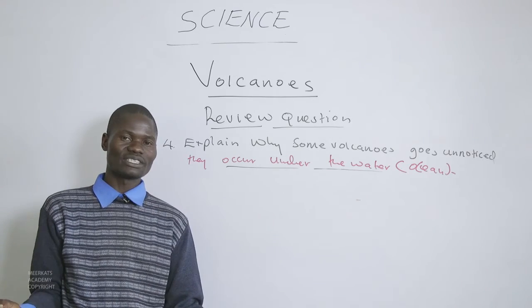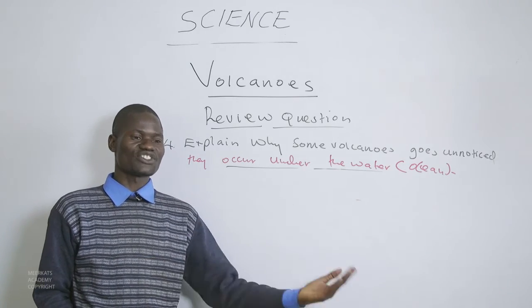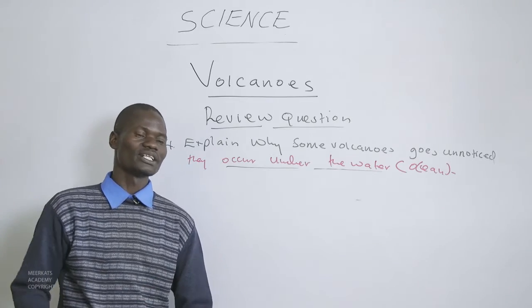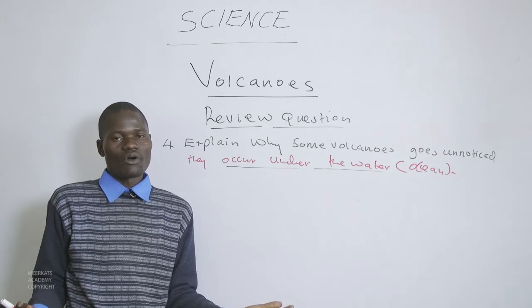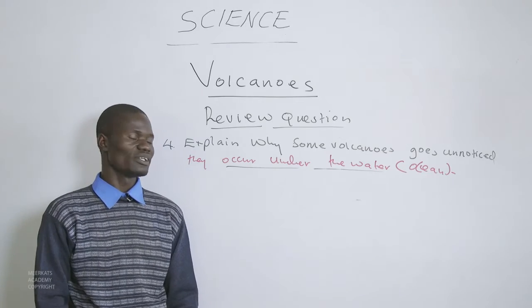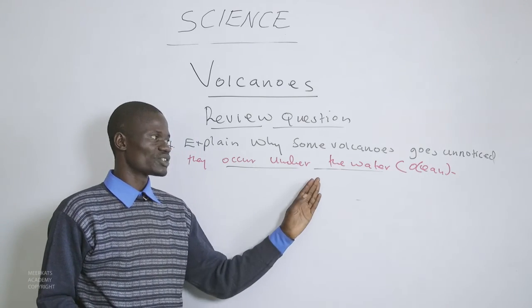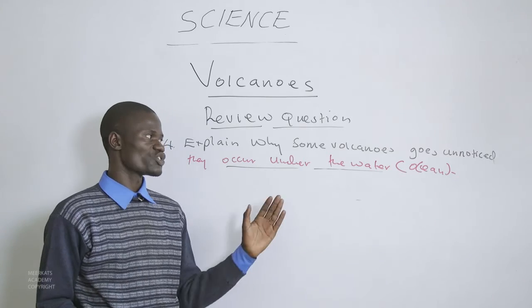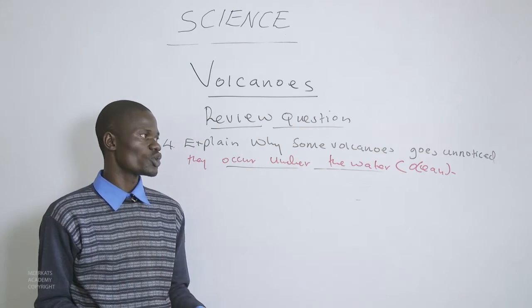We will only find the ocean floor already filled with new and fresh lava which has already cooled and solidified on the ocean floor. Thus the level of water rises in some given regions, but we are never notified of such volcanoes. That is why some of the volcanic eruptions go unnoticed.